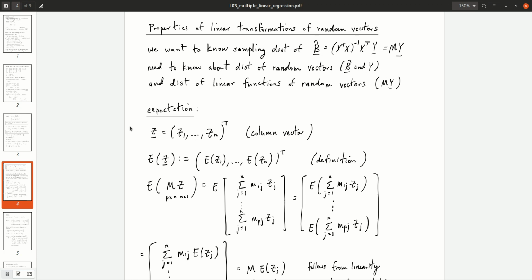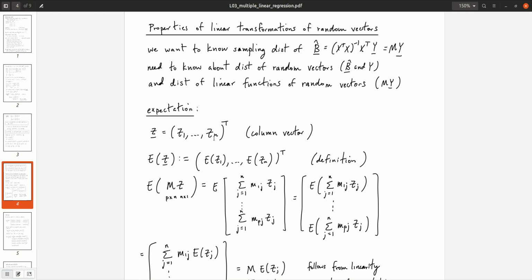What do we mean by that? Just generically, I'm going to have the random variables z1 up to zn. I'm going to stack those into an n by 1 vector that I'm calling bold z. So it's a column vector. What I mean by random vector is just a vector that contains random variables.